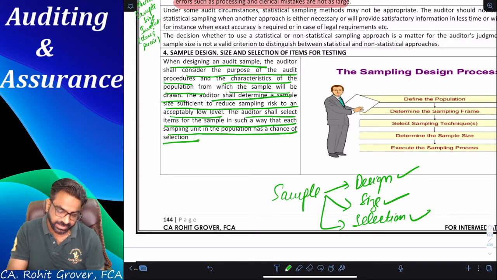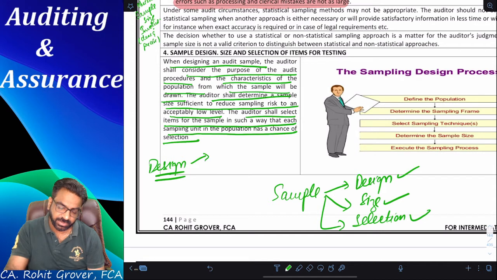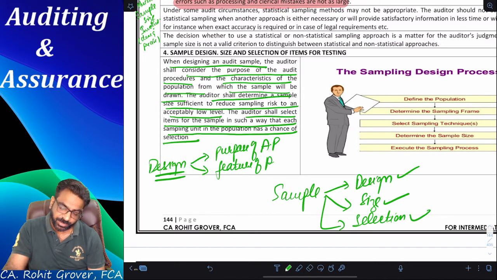So basically, the design is based upon what? The design is based upon the purpose of audit procedures. It is based upon features of the population. Next one, it is based upon random selection. Tell me everyone, am I correct or not?